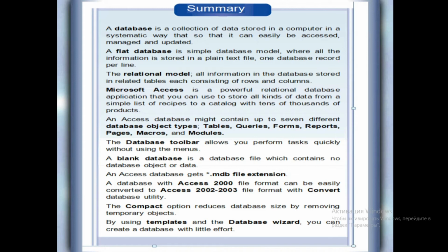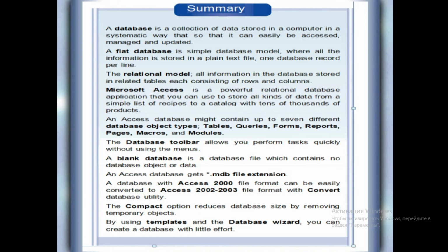In the relational model, all information in the database is stored in related tables, each consisting of rows and columns. Microsoft Access is a powerful relational database application that you can use to store all kinds of data, from a simple list of receipts to a catalog with tens of thousands of products.